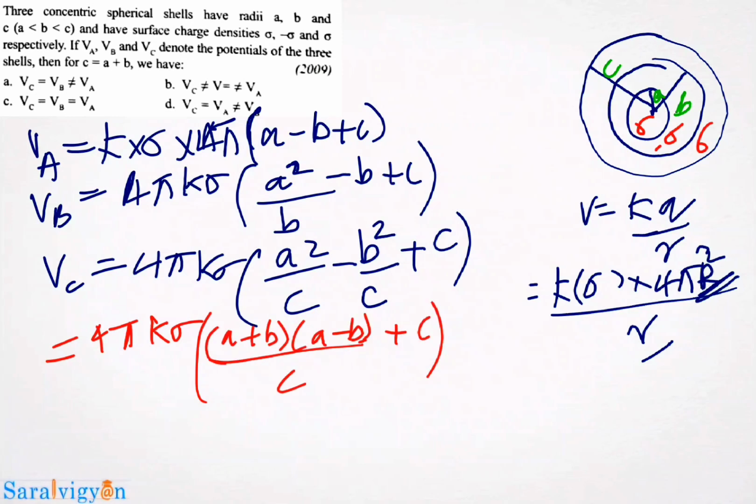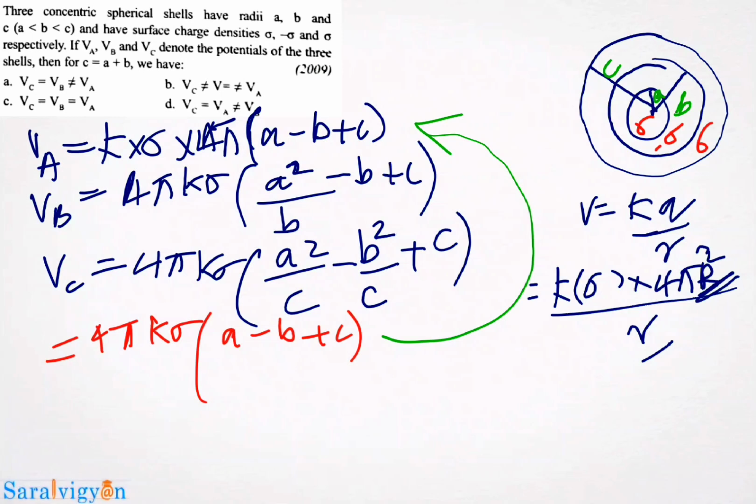Now we have A plus B, A minus B written, and we are given that C is equal to A plus B, so this C we can take as A plus B and cancel C and A plus B, and we obtain A minus B plus C, which we can identify is the same as VA. So we have VA equal to VC, but both of them are not equal to VB, which we have from our option D, VC equal to VA not equal to VB.